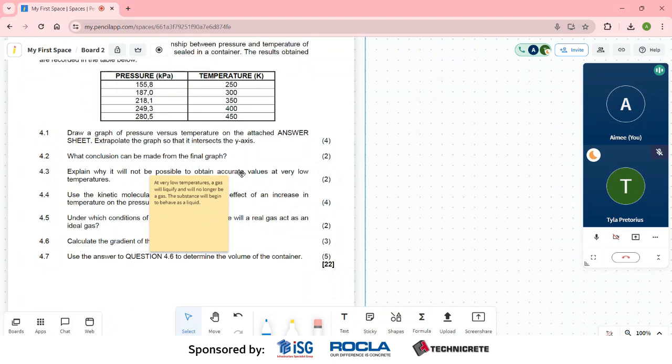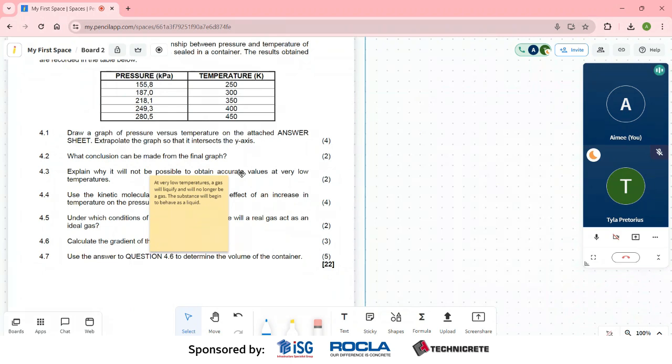And it means that none of the answers or any of the experiments that you do will work out the way that they should, because now you're no longer working with a substance that has the properties of a gas. Remember, the properties of a liquid and the properties of a gas are very different.